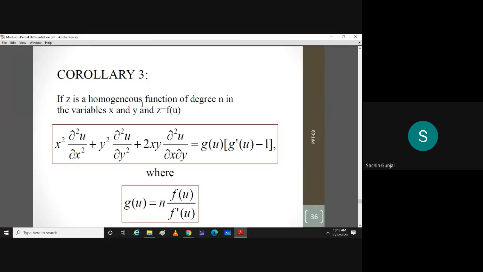Have you copied the statement? Please note that the given function u of xy is non-homogeneous. Corollary 2 and corollary 3 are applicable where u of xy is non-homogeneous.